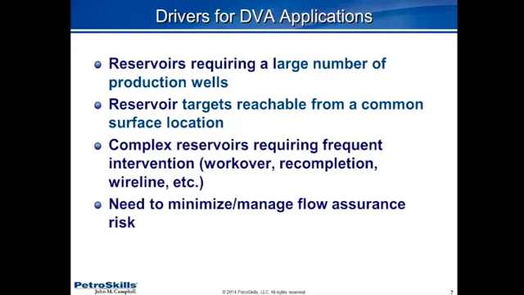So this challenge is generally described as flow assurance, and the objective of flow assurance is to prevent plugging of the lines, the pipes that connect the reservoir to the facility where the oil and gas and water and potentially solids will be separated. So you can imagine that the longer the distances between the reservoir and the processing platform, the more likely one is to encounter flow assurance problems.